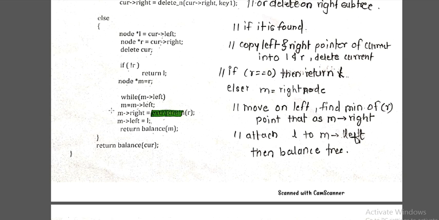For linking, we check if R is equal to 0, meaning the right pointer is null. In that case we have to return the left one.